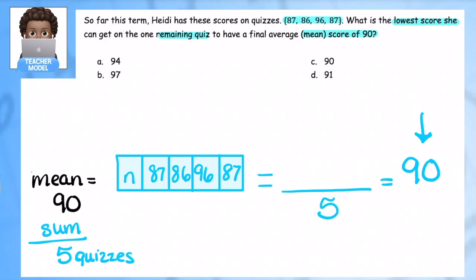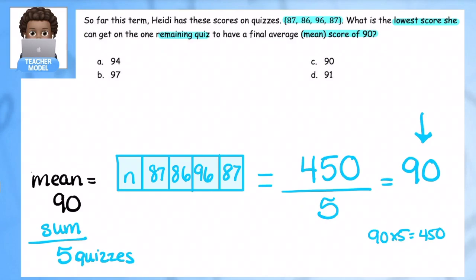What number divided by 5 makes 90? So I'm thinking about this one first. What's the only number that divides by 5 to give us 90? If you are not sure, work backwards. 90 times 5 is 450. So that means the sum of all her points has to add up to 450.